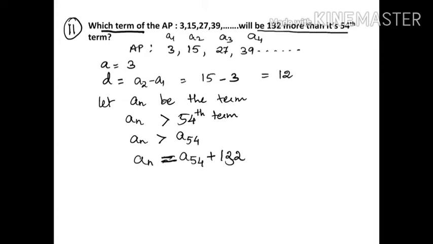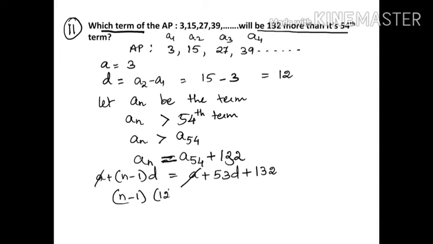So now we will substitute the expression for the nth term and the 54th term. So a + (n - 1)d is equal to a + 53d + 132. So a gets cancelled. (n - 1) times d, which is 12, is equal to 53 times d plus 132.